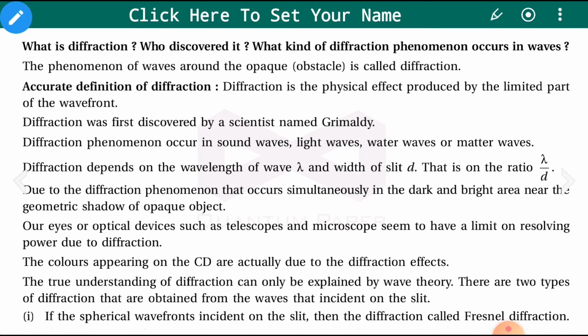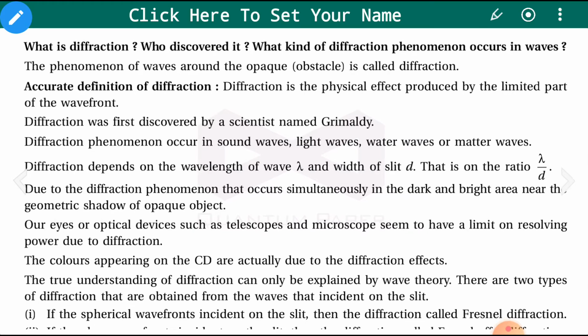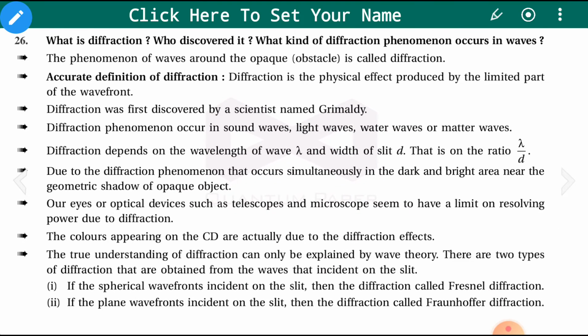Whenever obstacles come in between the propagation of waves, the phenomenon observed at the edge of the obstacle is diffraction. The waves slightly bend from the edge of the obstacle, and in a layman's understanding, this bending of waves is called diffraction.